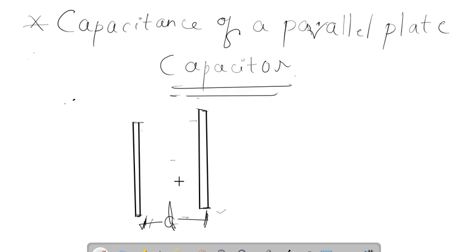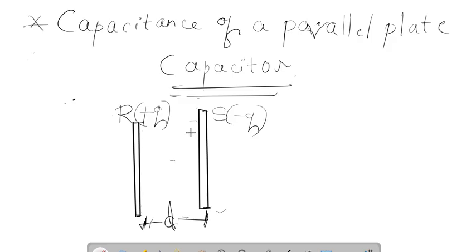Now, of the two plates of the capacitor, plate R is given the positive charge. Suppose you consider this as R having the positive charge and this S having the negative charge, equal to the negative charge.